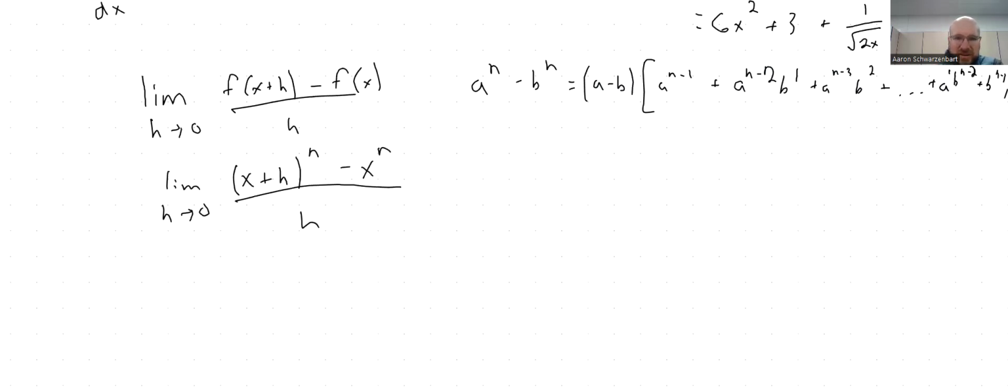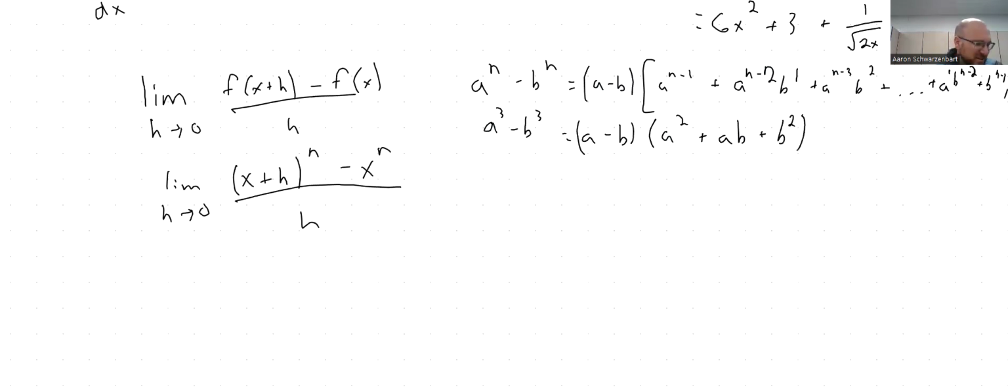Okay. You've seen this before somewhere in algebra 2 with a minus b, with a difference of cubes: a squared plus a to the first, b to the first plus a to the 0, b to the second.